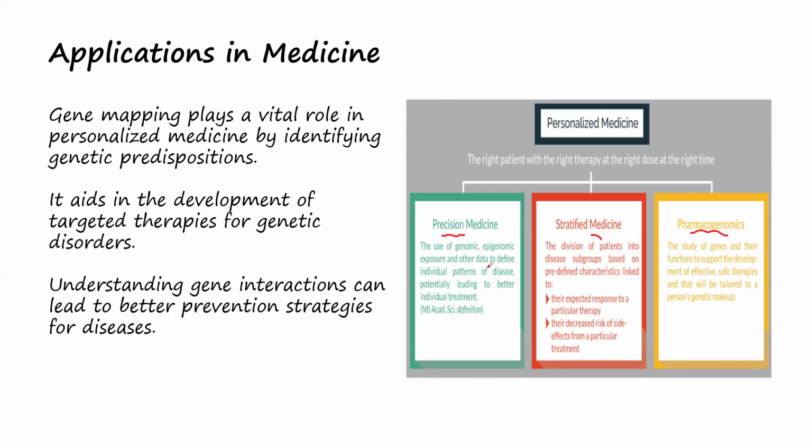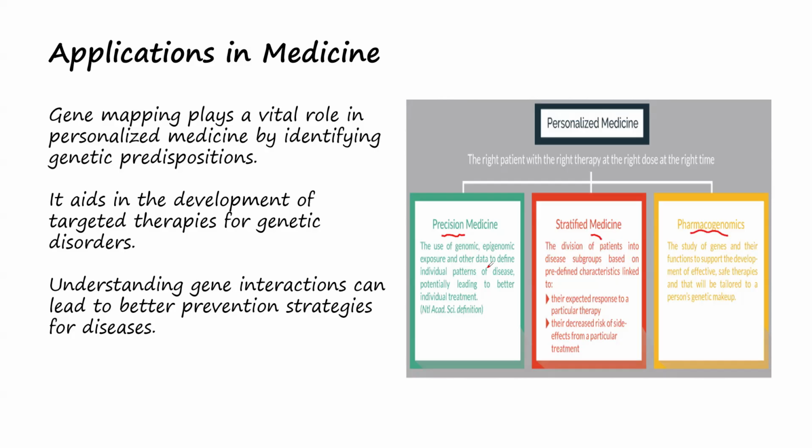You can use my genomic data, like I as Mukhtar, my epigenomic exposure, my metabolites to understand the disease pathogenesis. And then by understanding my disease pathogenesis, you will develop a treatment that is specific based on my data that are generated. So this is precision medicine. It's a type of treatment that is applied to only one individual based on the genomic data.